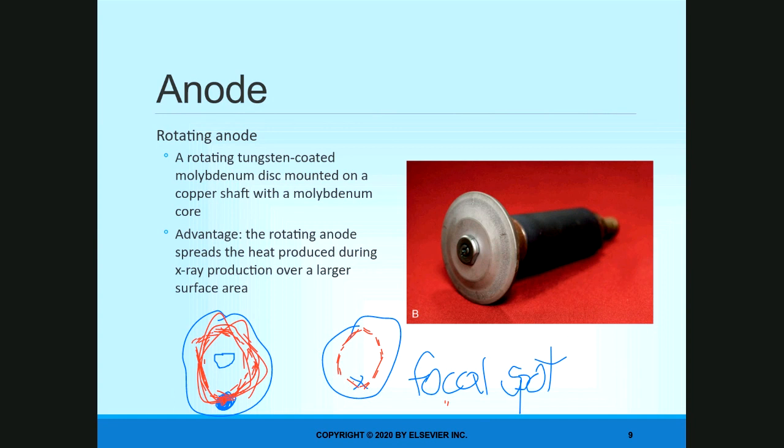So focal track, and that helps spread out that heat. It dissipates the heat. Okay, so a rotating anode is much better because it spreads that heat out over a greater area and it increases the tube life.